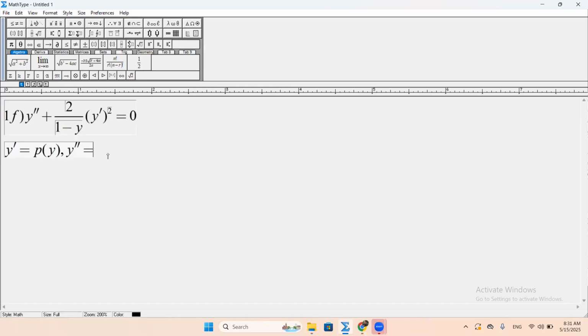Then y double prime equals dp by dy multiplied by dy over dx. So it will be equal to p times dp over dy.